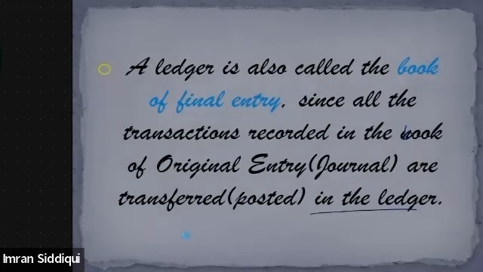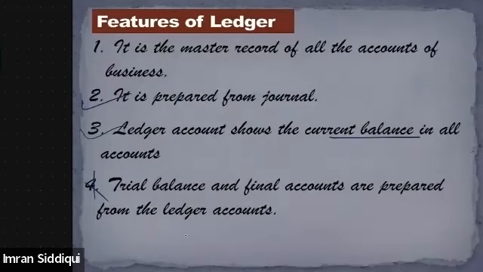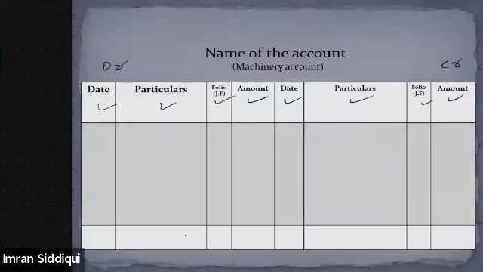All right, so moving on to the next point. Let's not write down the features of ledger for the time being. Let's just skip this point. We'll cover this point later. Now see, this is the format of the account. This is how we prepare an account. But every account has two sides. These four columns come under the left side of the account, and these four columns are the credit side.